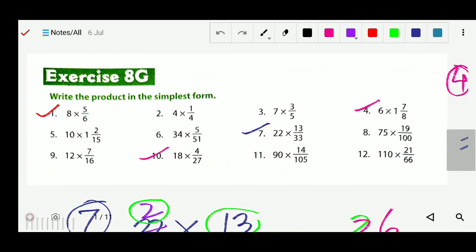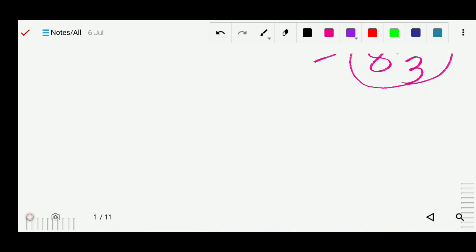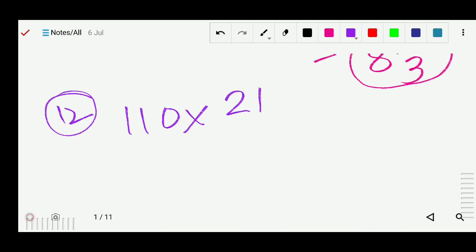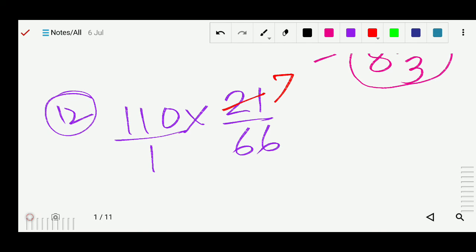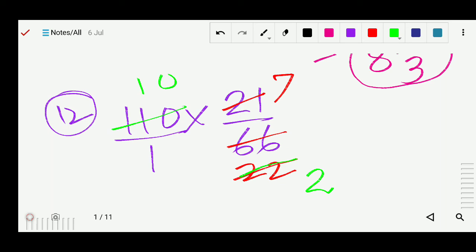One more question I will solve. Question number 12: 110 multiplied by 21 by 66. Here I can write 110 by 1. Now we can divide by 3: 3 sevens are 21 and 3 twenty-twos are 66. Again we can divide by 11: 11 divides 66 two times, and 110 ten times. Now 2 fives are 10.